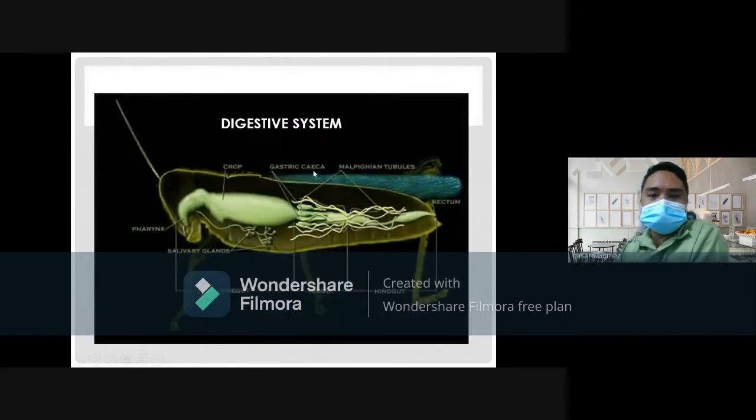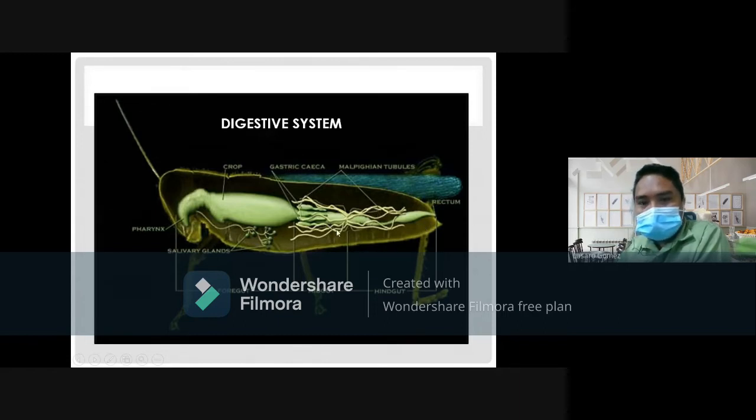For the insect's digestive system, before that, there are 3 guts of an insect. You have the foregut, from the head to the thorax, and then from the thorax up to the end point of the abdominal part, the midgut and the hindgut.